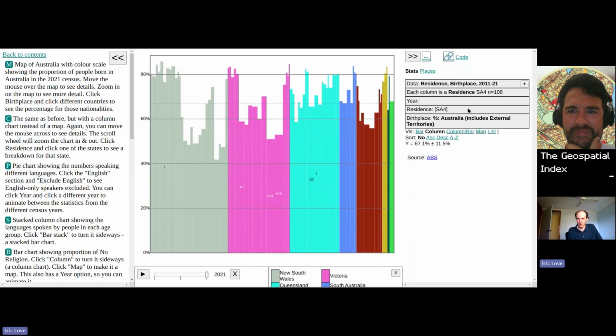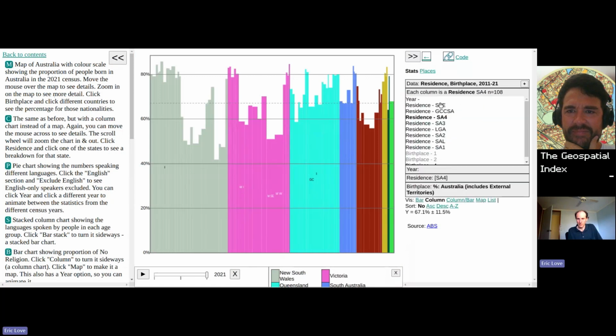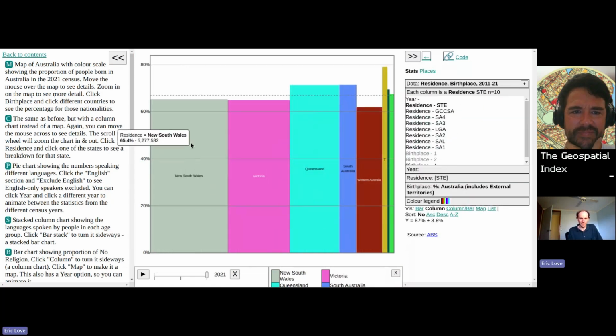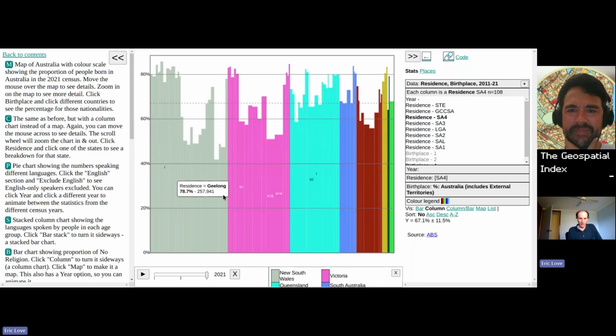We can make it just state. That's simpler, so that shows the different states and what percentage are born in Australia. But we can break it down further. SA4 is the next level down, so each state sort of breaks into 5 to 20 different regions. So that's those charts.